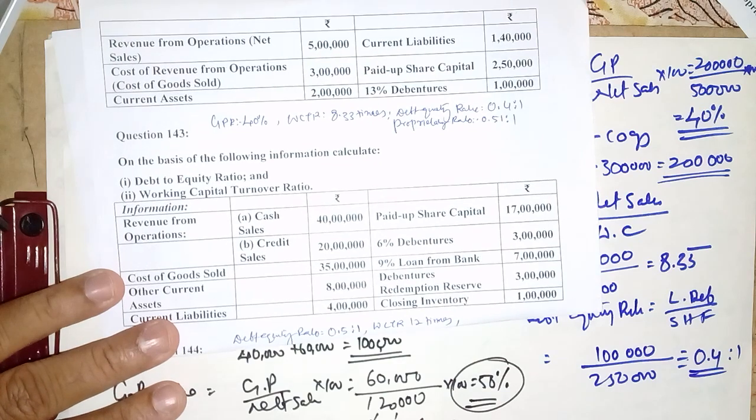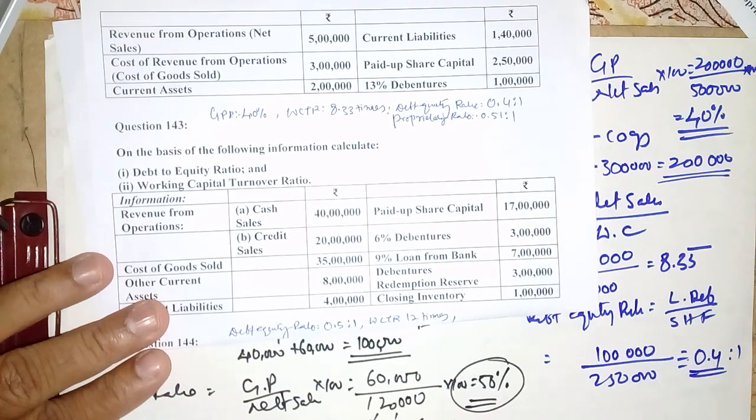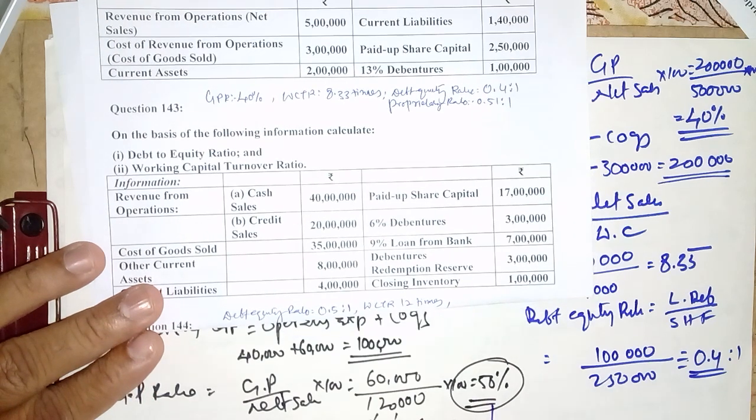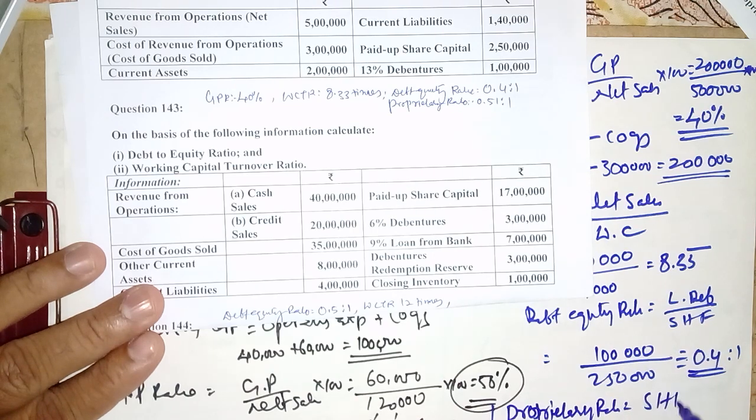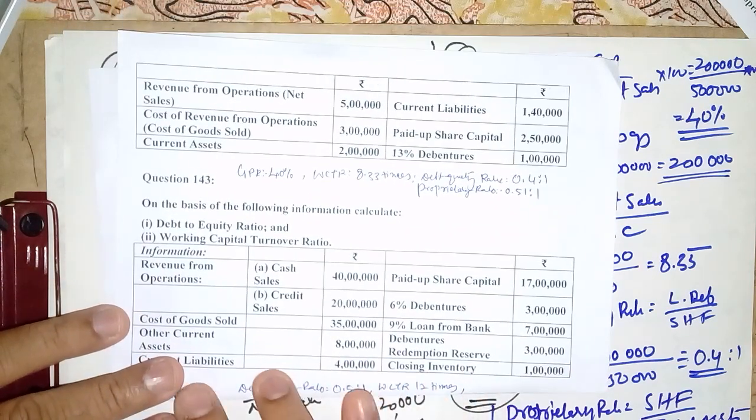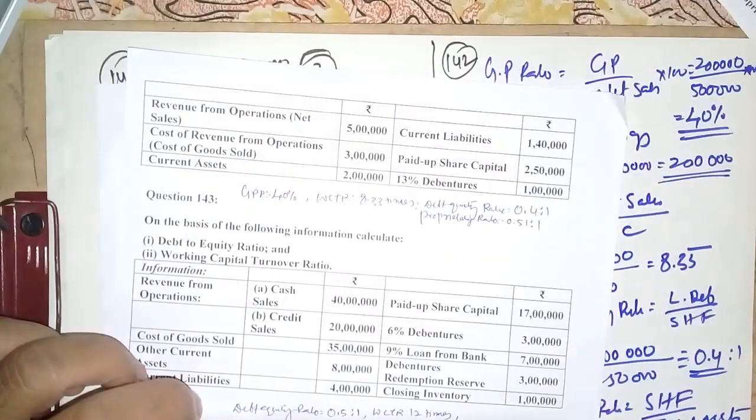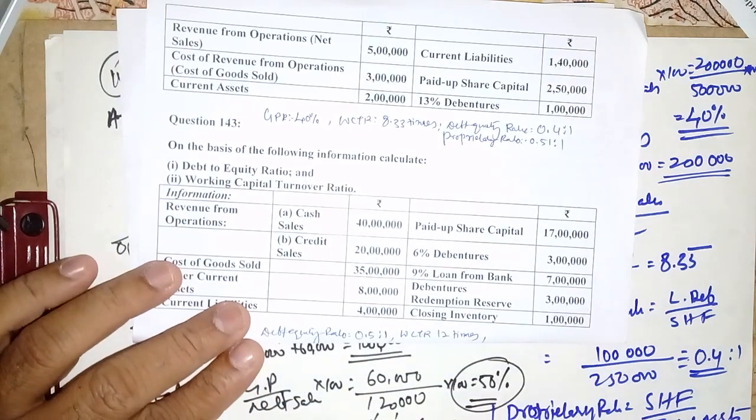Then the next one is the proprietary ratio. What is the formula of the proprietary ratio? Shareholders fund divided by total assets. Clear?